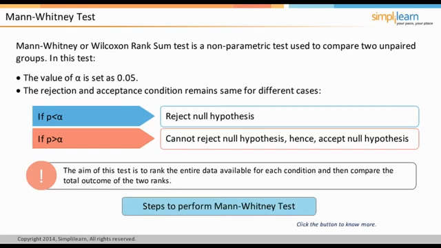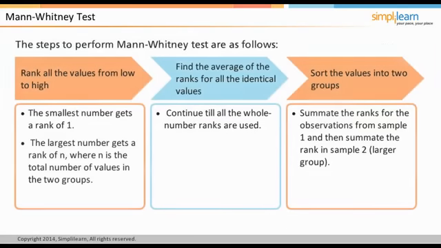Click the button to know the steps to perform the Mann-Whitney test. To perform the Mann-Whitney test, first rank all the values from low to high without paying any attention to the group to which each value belongs. The smallest number gets a rank of 1. The largest number gets a rank of n, where n is the total number of values in the two groups. If there are ties, continue to rank the values anyway, pretending they are slightly different.